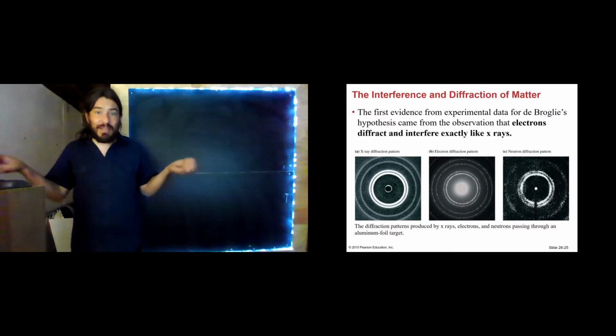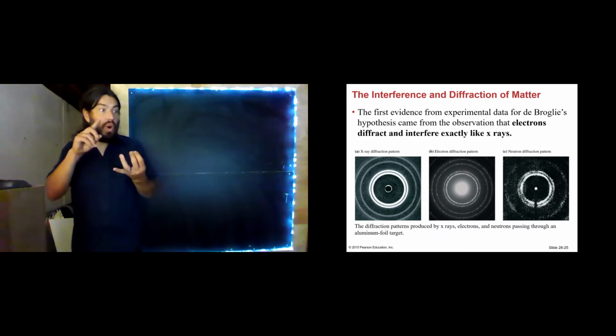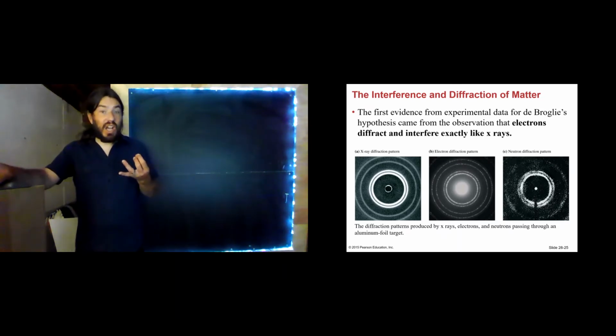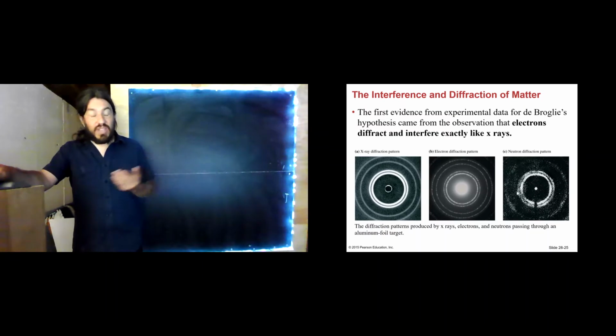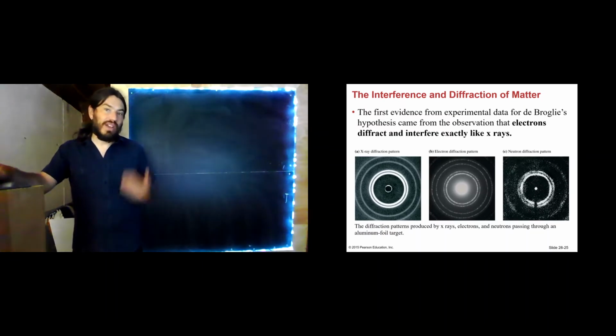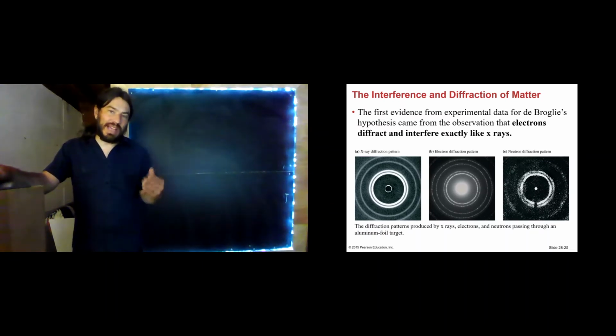We see the exact same pattern for light, for electrons. Heck, we even see it for protons, and it's a little bit harder to do the experiment, but you can do it with neutrons as well. So we see diffraction patterns from material particles passing through small openings.